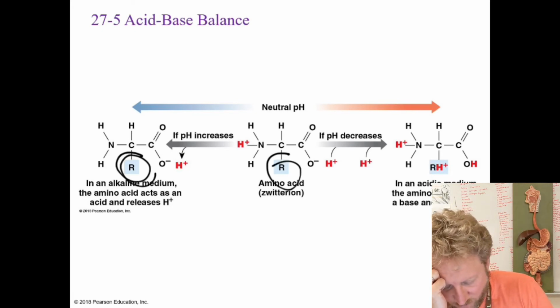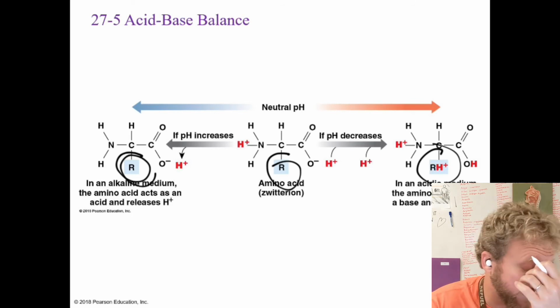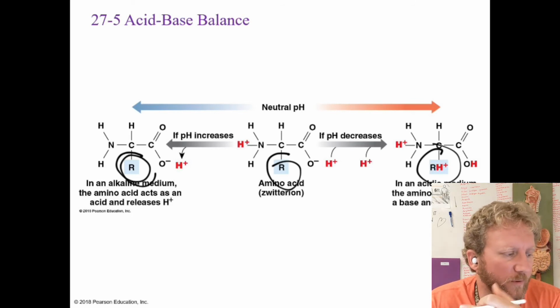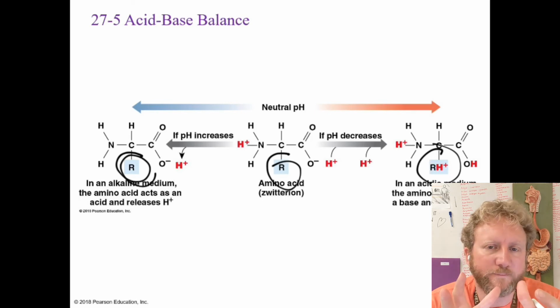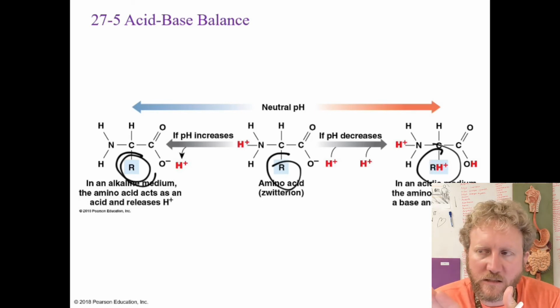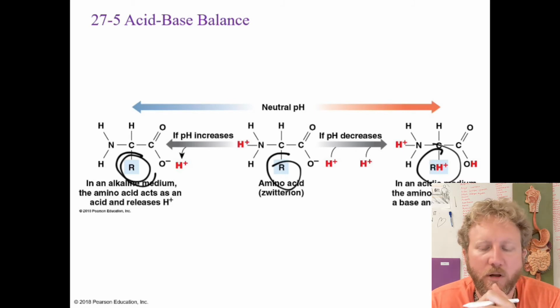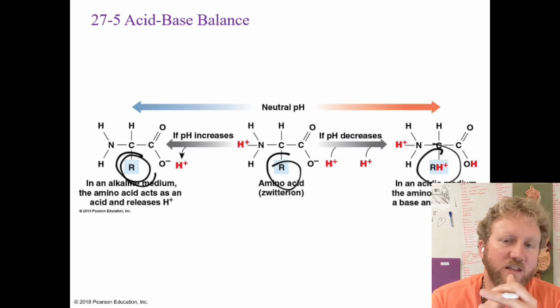We talked about it super briefly at the very beginning of the school year. This group is basically going to be the part that either releases a hydrogen ion to become a weak acid or absorbs an ion in order to be a weak base. And so this is really important within the cells.